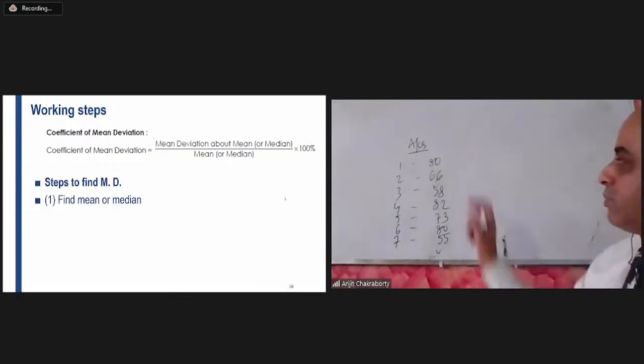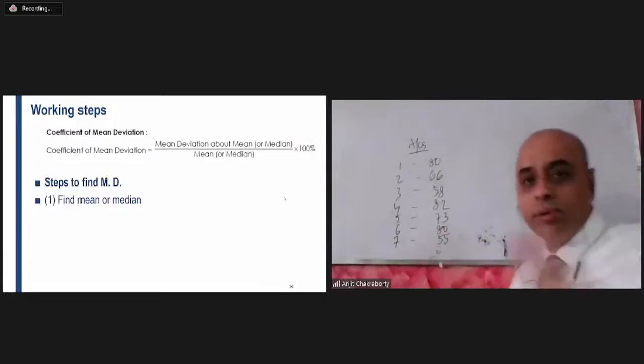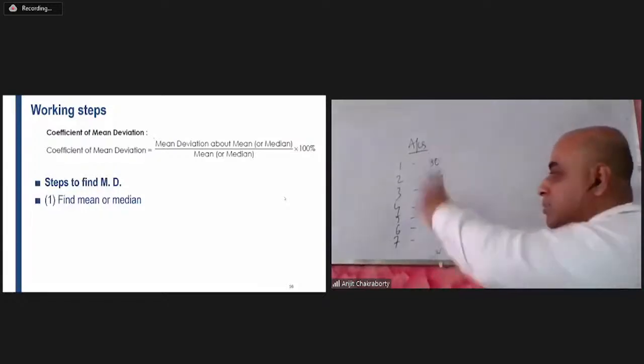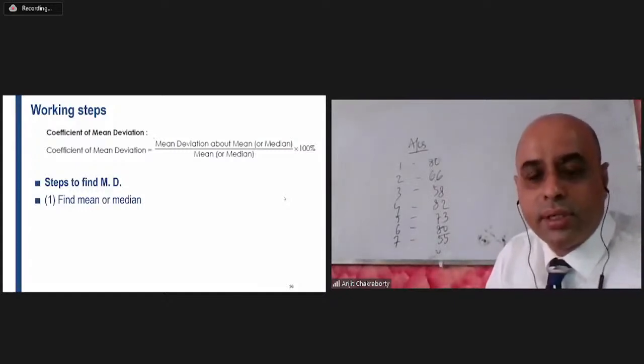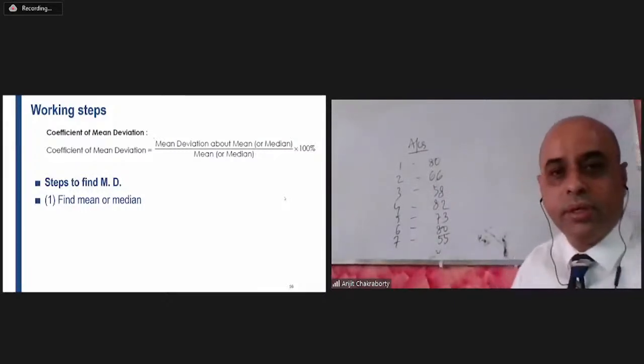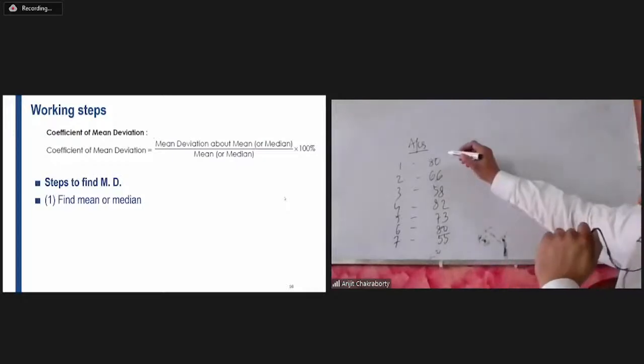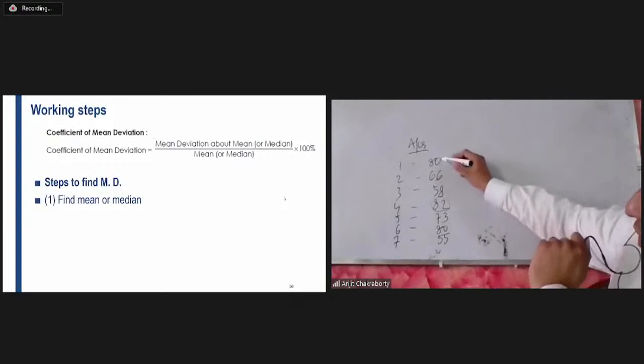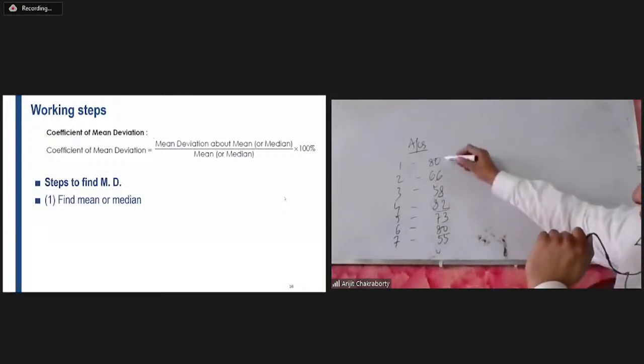So first let me find out range. This is again a problem not there in the study material or the presentation. I'm just creating the problem here, and we will try to solve it. Here the highest marks is 82. Please note it has a mode; two people have got 80.